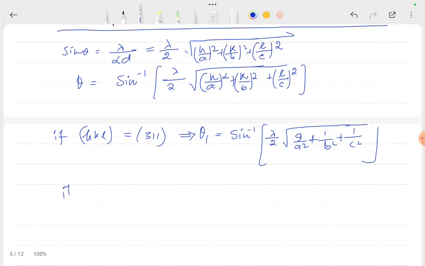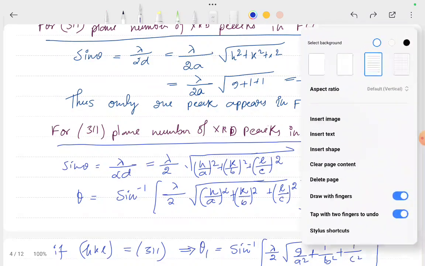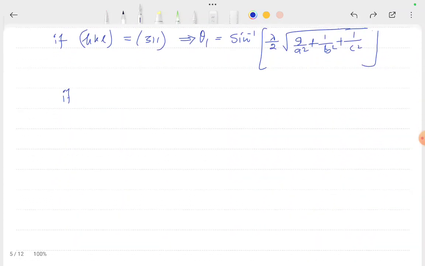But if HKL equals 131, if we change the value of ABC, we get another plane, right?